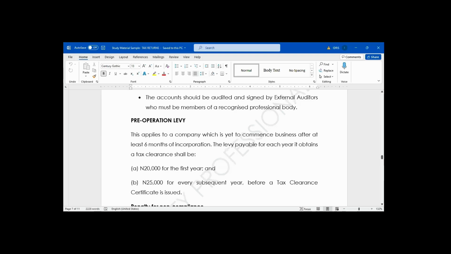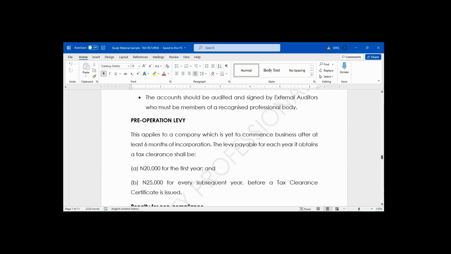However, in the new tax law, there is no more pre-operational levy. Pre-operational levy has been deleted in the new tax law. So if you are a company and you are not doing business, you don't need to pay any tax in the new tax law.